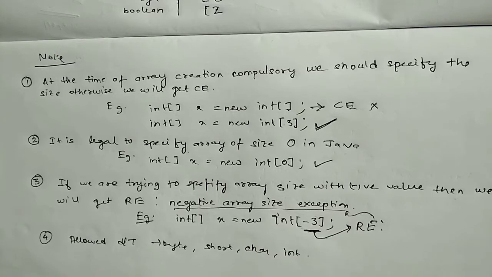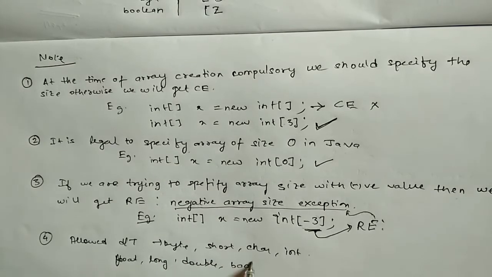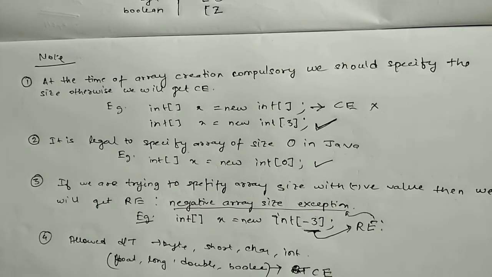Other than that, if we declare anything apart from these, the data types float, long, double, and boolean, then we will get a compile time error.